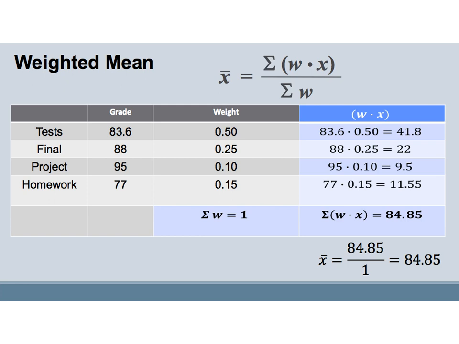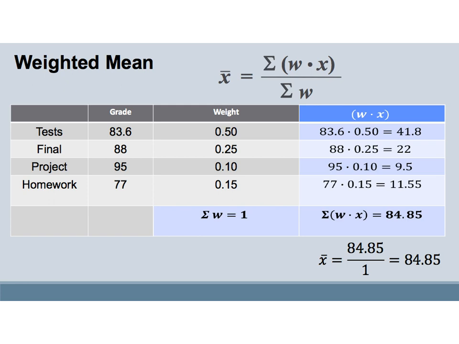Okay, so if we were going to do this by the formula, the first thing it said to do was to multiply those. Notice I changed the weights from percents to decimals because we can't multiply by a percent, we multiply by a decimal. This is true when we go to put it in the calculator in a minute too. You don't put in percents, you put in decimals. So I multiply each of those, add them up, and I get the sum of the weights times x is 84.5.